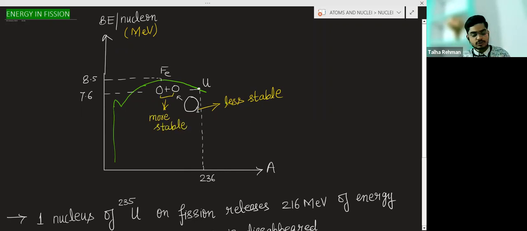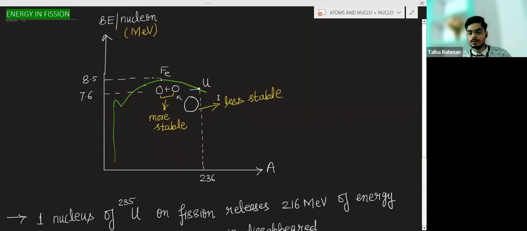From the curve you can understand why the fission is taking place: uranium-236 has less binding energy per nucleon, barium and krypton have more binding energy per nucleon, so it gets stability by splitting into barium and krypton.